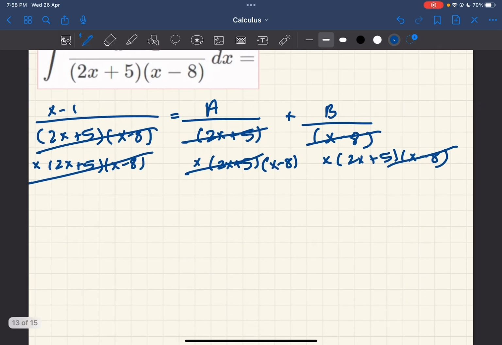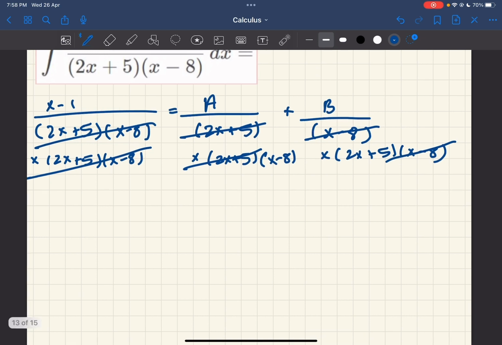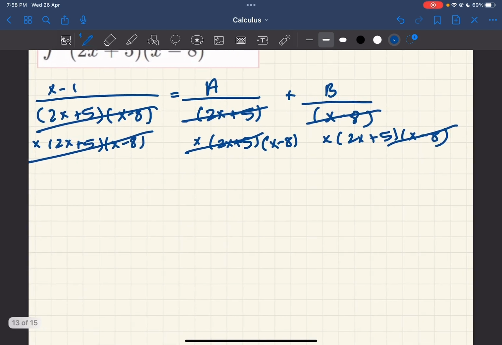Now we have gotten rid of the fractions, and we can rewrite this without the fractions. So x minus 1 equals a multiplied by x minus 8 plus b multiplied by 2x plus 5.